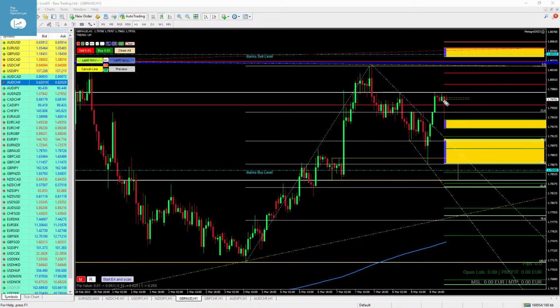So I would wait for the price to break this white line, retest this white line, and then you can go further up for a buy trade. It's also possible that this pair needs more buy power, and then we could see again a bounce on this white line, and it dips maybe into this buy area.